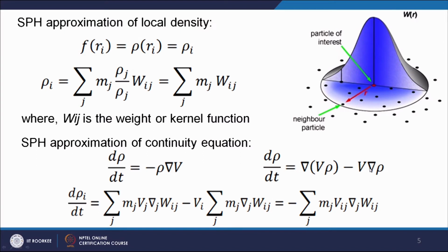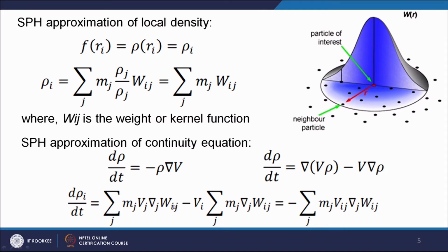On the right hand side, we have the derivative of some field variable, and the field variable is v into rho. So, we can write Mj into Vj rho j by rho j. So, rho j cancels out, and then we have the differentiation of W, because we had the first derivative of v into rho. So, this will turn out to be the first derivative of Wij.